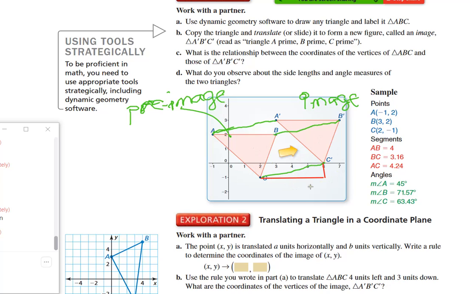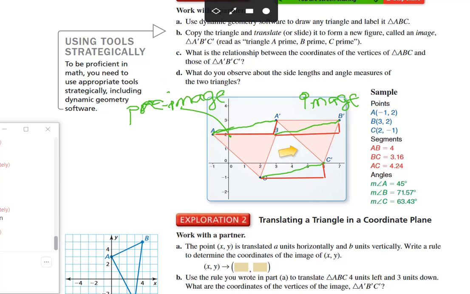That's how we define this translation. It moved the same amount over and the same amount up for all 3 of these. Same amount over, same amount up. That's what makes it not change shape, the fact that everything moved the same amount.